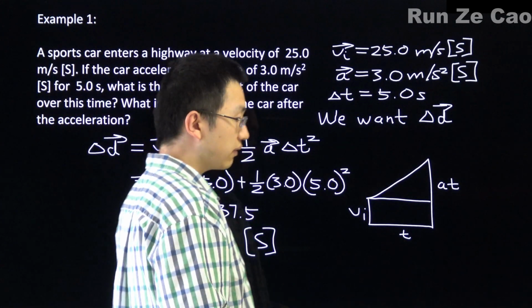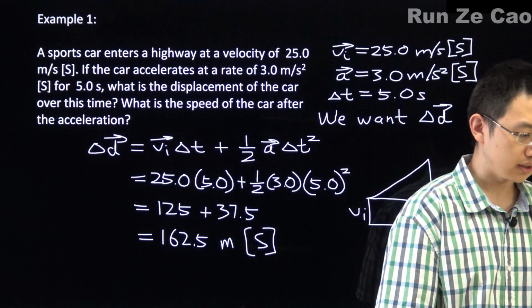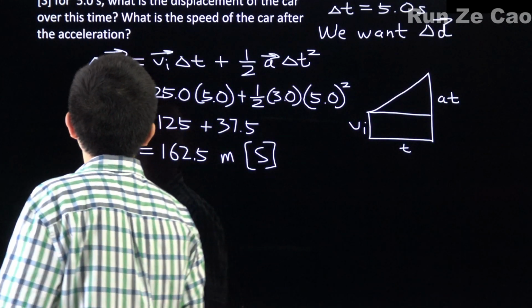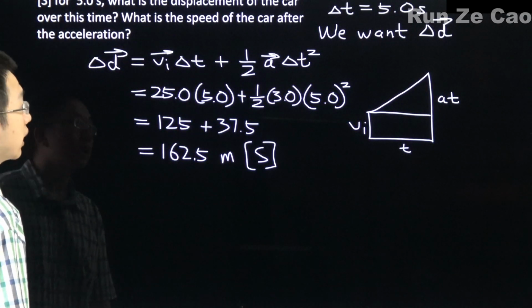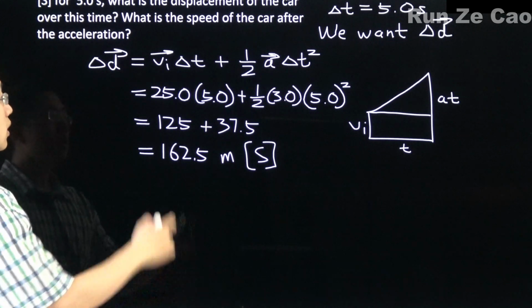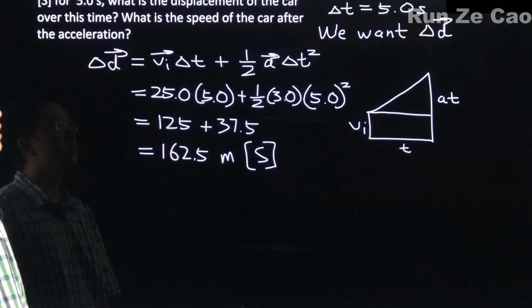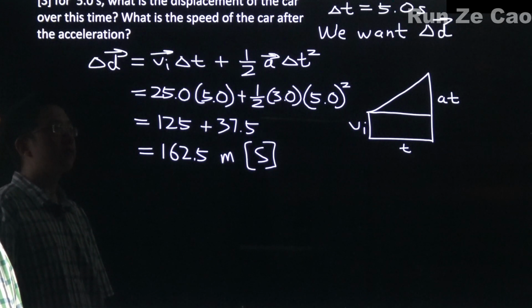And what is the speed of the car after the acceleration? So, if we want to relate these variables, we have v initial, we have acceleration, and we have time.